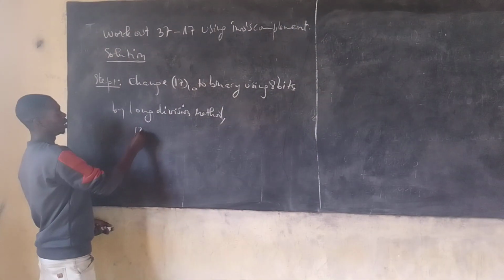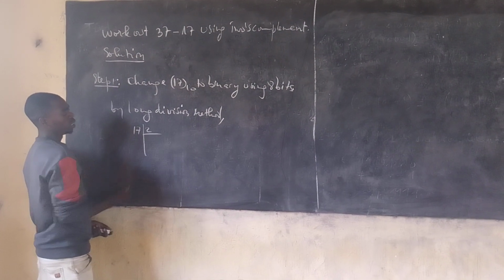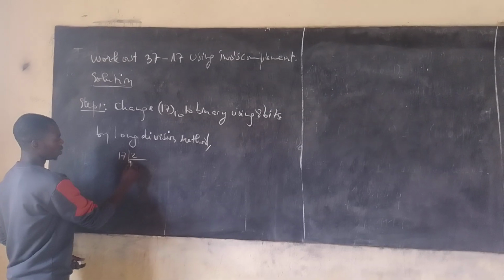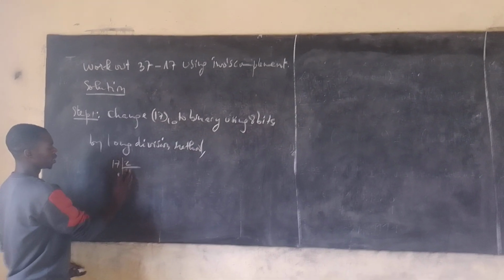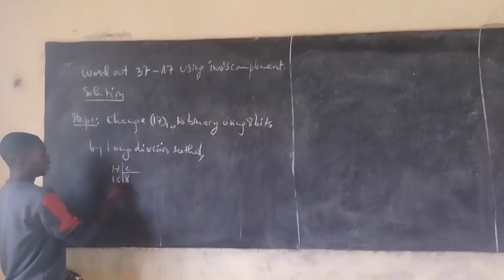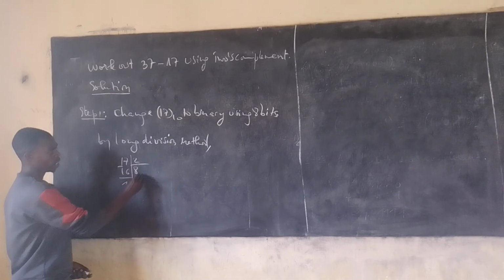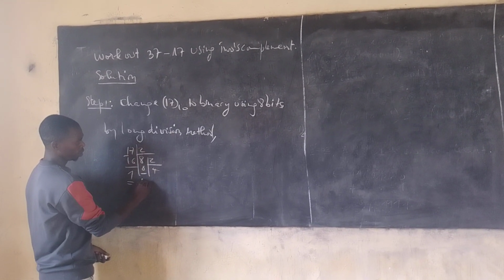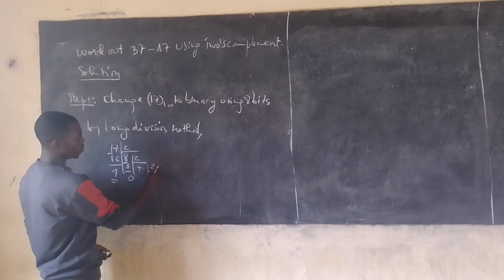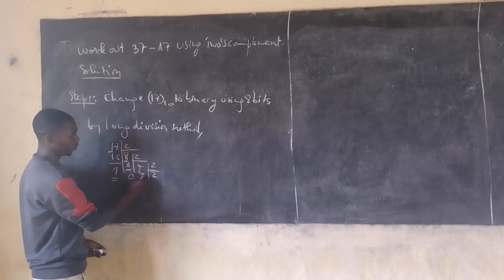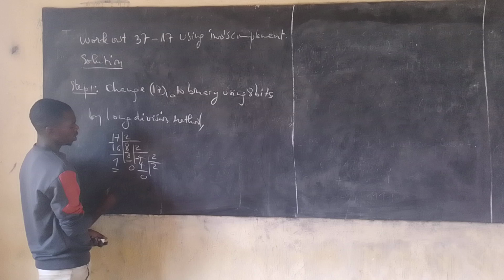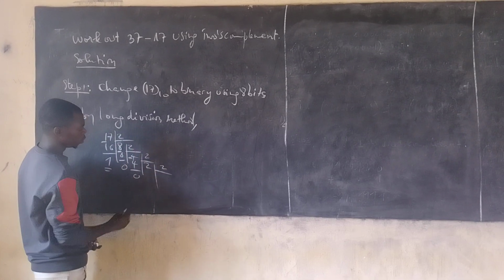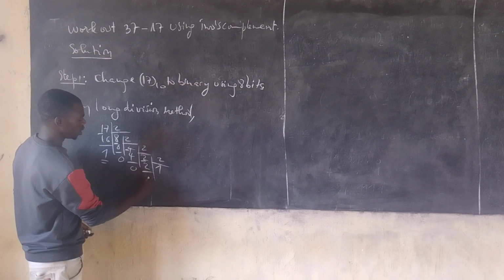Here we take 17 divided by 2. It is 8, 16, remainder 1. Then 8 divided by 2 is 4, remainder 0. Then 4 divided by 2 is 2, remainder 0. Then 2 divided by 2 is 1, remainder 0. Then 1 divided by 2 is 0, remainder 1.